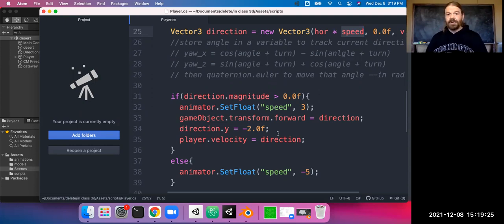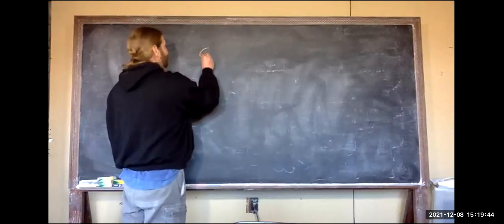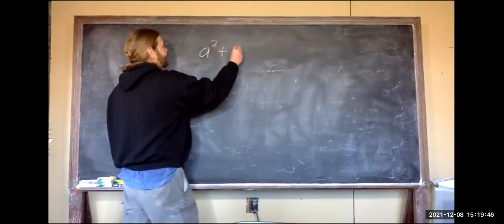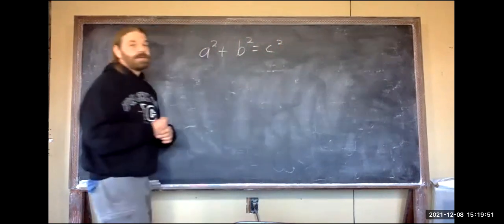which to get the exact number involves the Pythagorean theorem. So if you haven't had a trigonometry class, we find those vectors with the Pythagorean theorem, which does expand immediately up to any number of dimensions. You probably first learned it in elementary school as a squared plus b squared equals c squared.